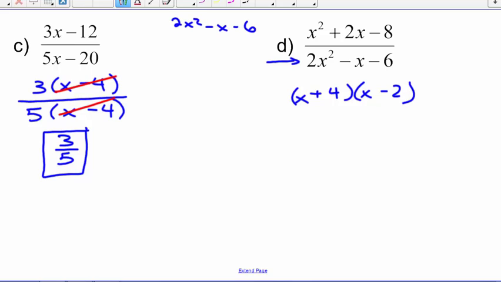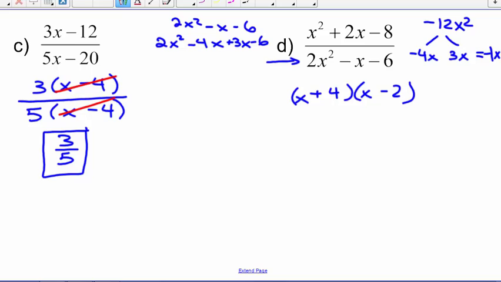So 2x squared minus x minus 6, I multiply the first and the last one together, I get negative 12x squared. I figure out what multiplies to negative 12x squared and adds to negative 1x. Well, that's going to be negative 4x and a positive 3x. So I put those in for negative x.